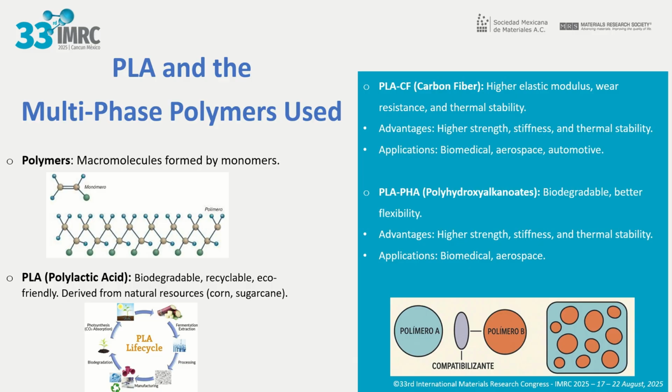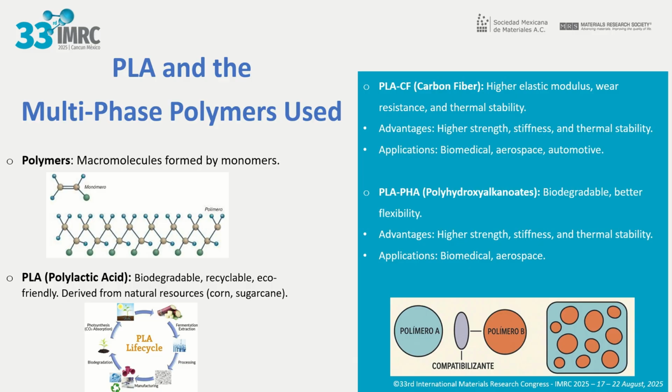PLA is part of the test as a polymer. It is a homopolymer, since it is formed with the repetition of a single type of monomer, lactic acid, or its cyclic form lactide, which gives it homogeneous properties and potential such as biodegradability and stiffness, being a biodegradable and widely used polymer. Multiphase polymers are materials composed of two or more different phases that are related.